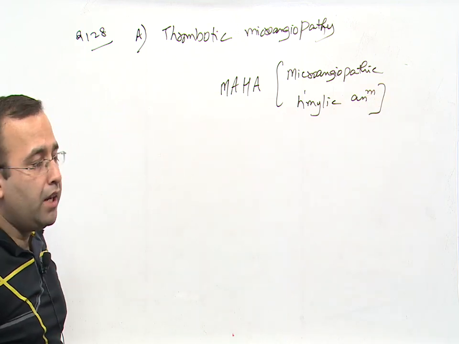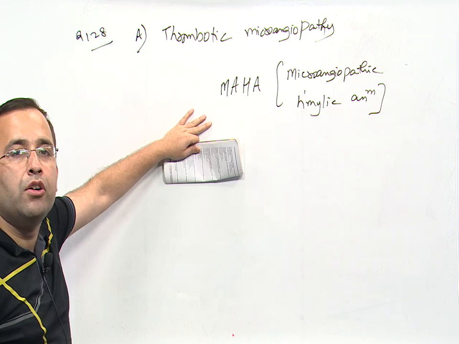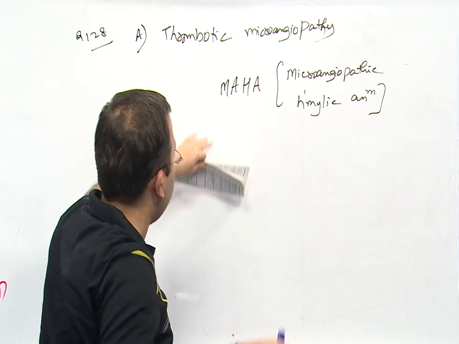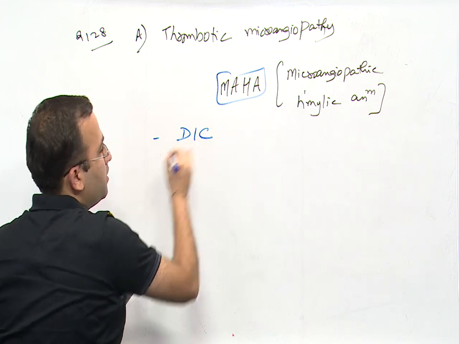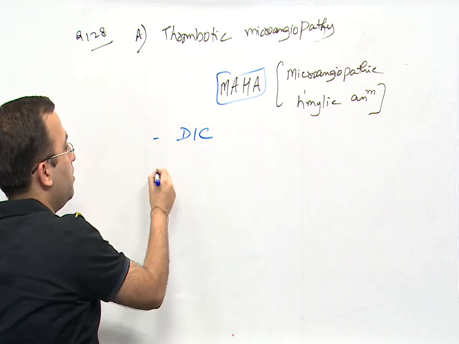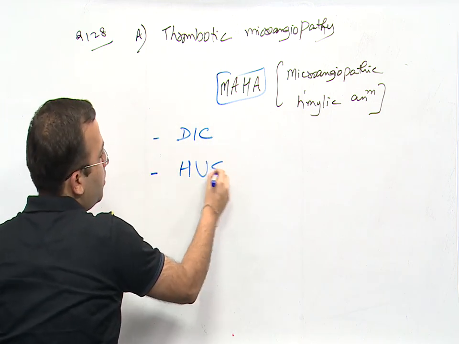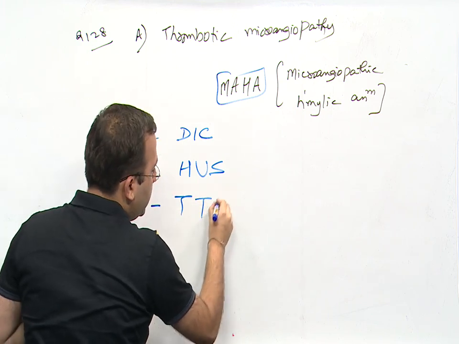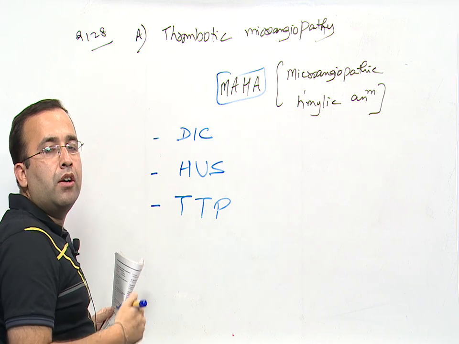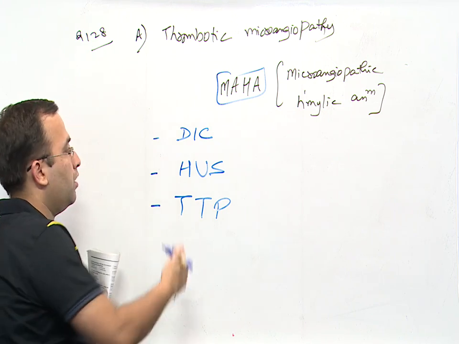The main causes of microangiopathic hemolytic anemias are DIC, that is disseminated intravascular coagulation, HUS, hemolytic uremic syndrome, and TTP, thrombotic thrombocytopenic purpura.